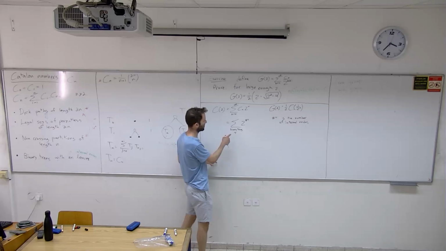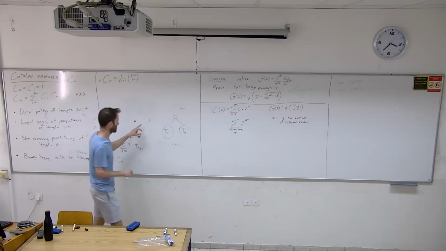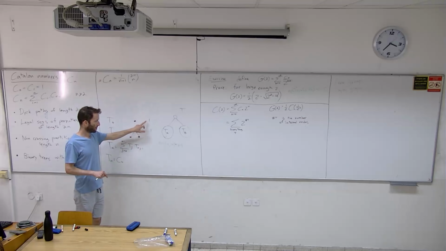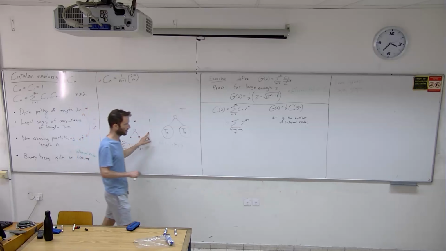Now you can notice that, as we've seen, there's, for example, one tree with 0 internal nodes and one tree with 1 internal node and so on.